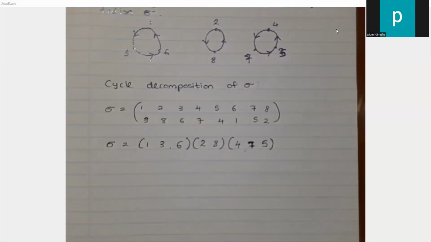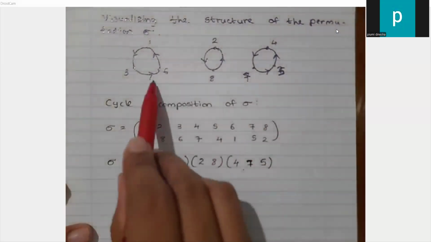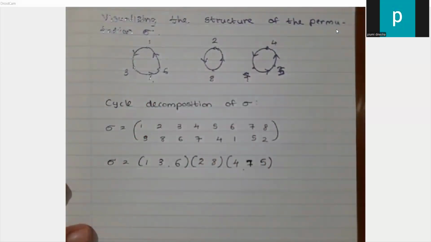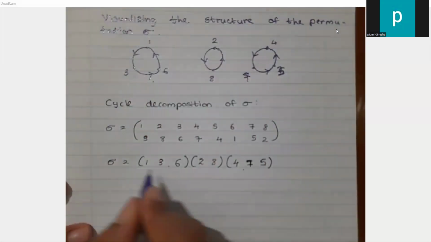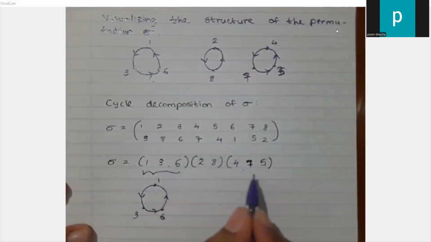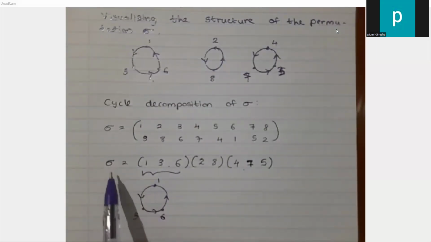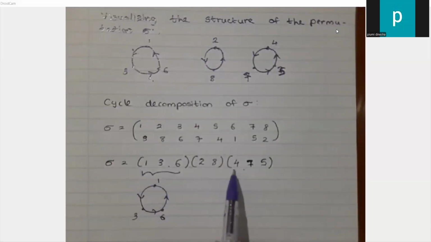They have no element in common, right? Now, if you compare this cycle decomposition to these three orbits, we see that this first cycle corresponds to the first orbit that you see over here, right? And then we have the second cycle in this product. Now in the cycle decomposition of sigma, what you have here is not the composition of these three cycles. It's simply a product of the cycles.